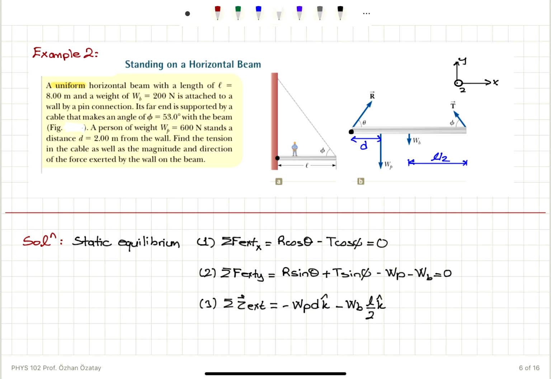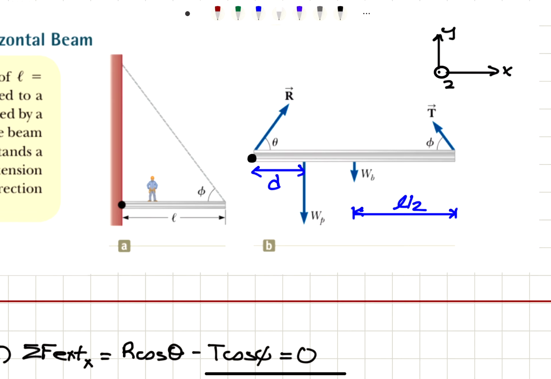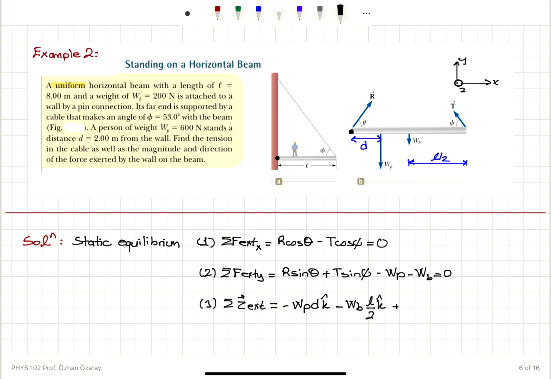It's a uniform beam. And I have the tension contributing. The tension has a perpendicular component T sine phi. You can see here, that's the distance L, T sine phi pointing up, and the torque is in plus k hat direction. So T sine phi L k hat, this should be equal to 0.